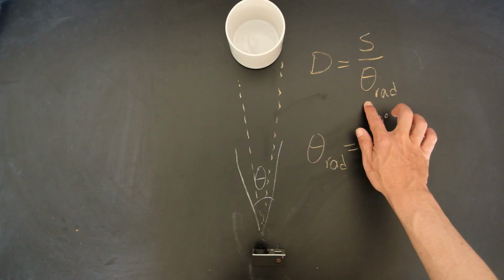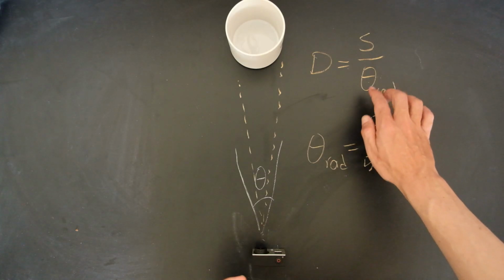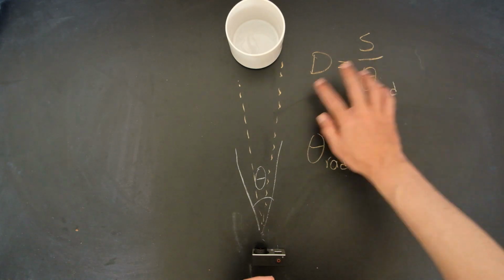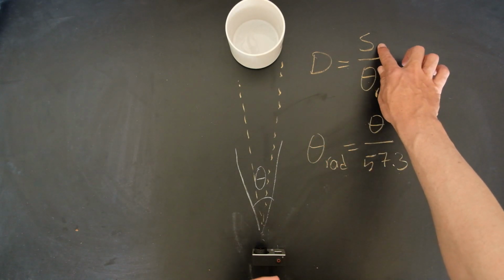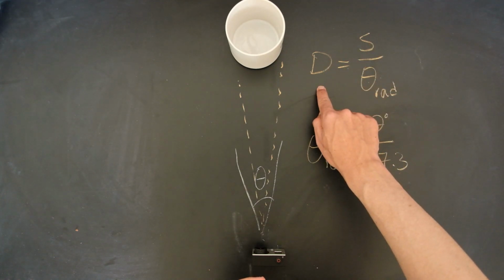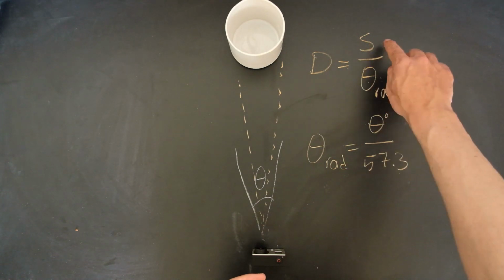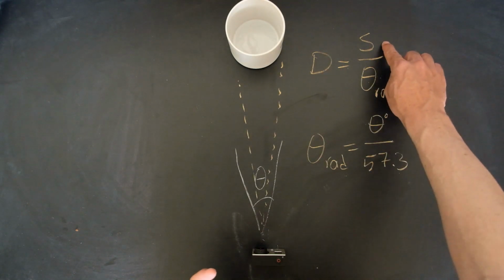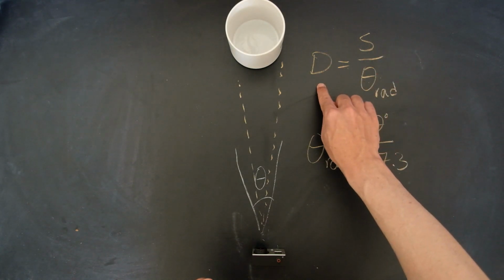And in general, we prefer radian. But don't worry about S and D, because whatever unit you use for S, it's the same unit for distance. If this is in kilometers, this will be in kilometers. If this is in miles, this will be in miles.